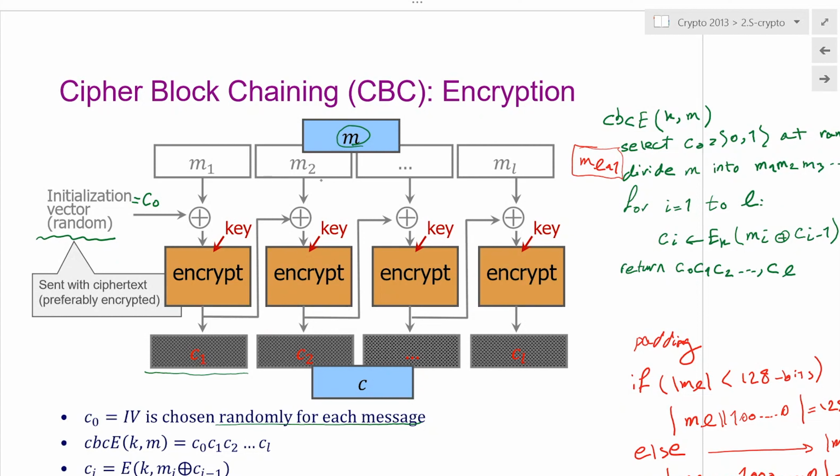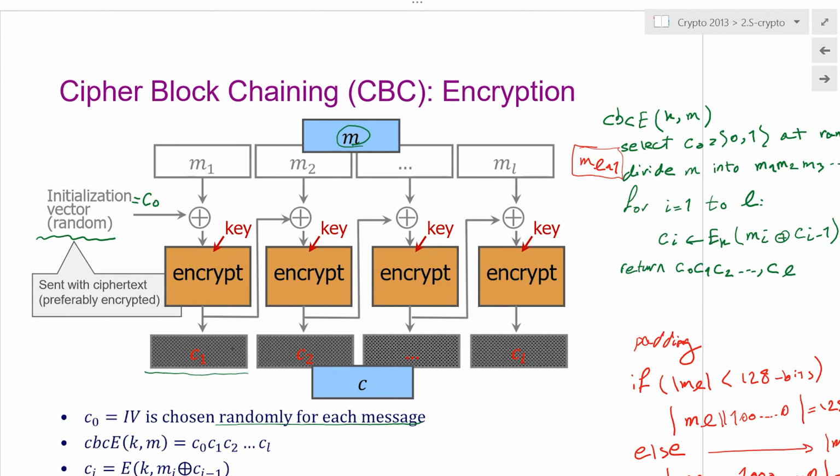Then for M2, notice that with this XOR we already changed M1. Before we send M2 in, we XOR it with another random variable, right? C1 looks like a random variable because AES is a very good encryption algorithm.